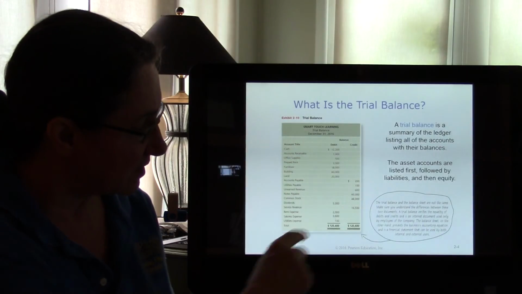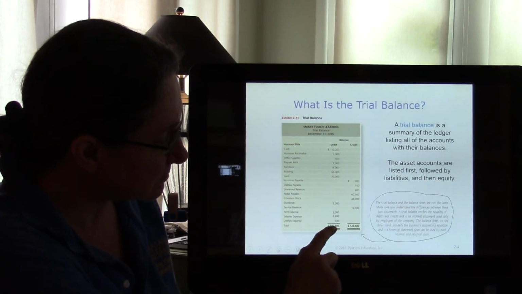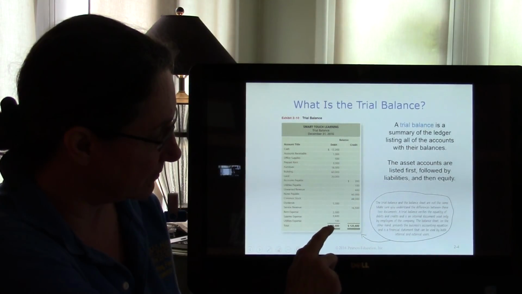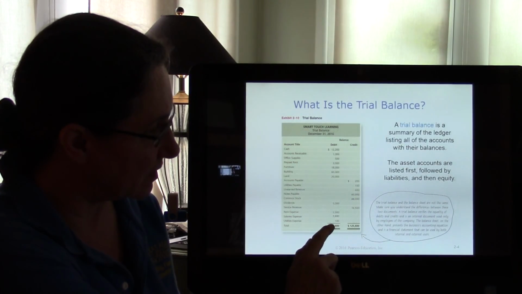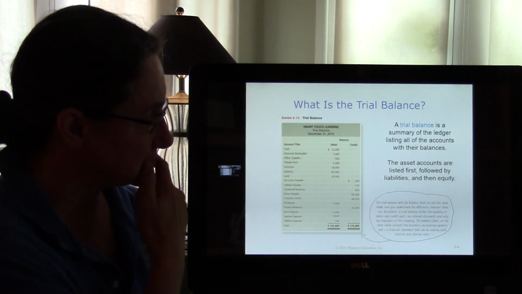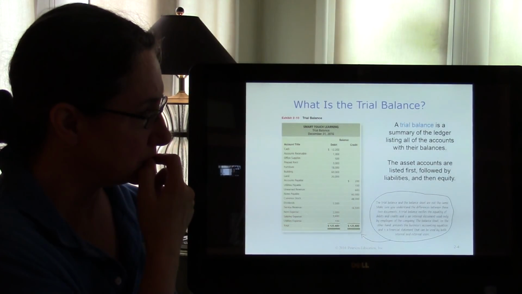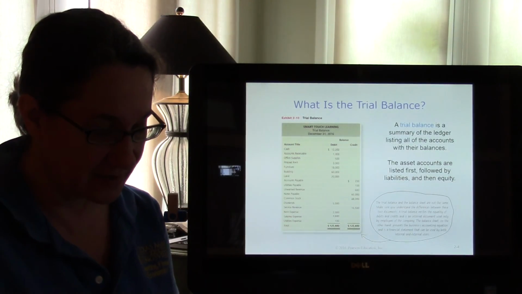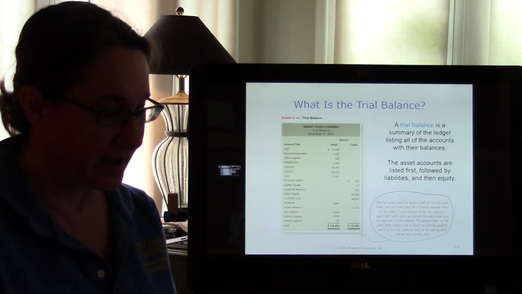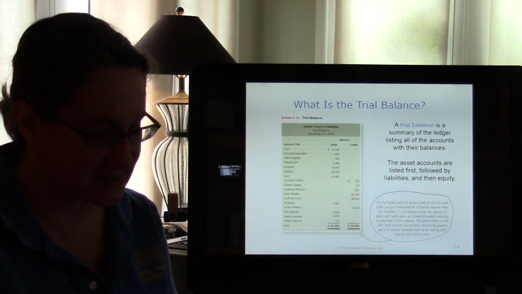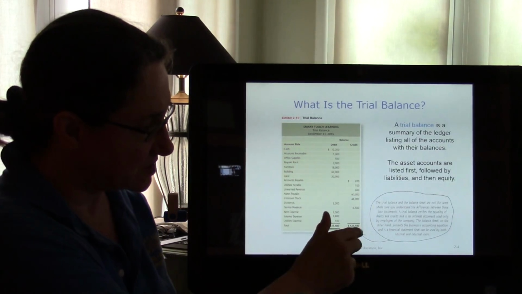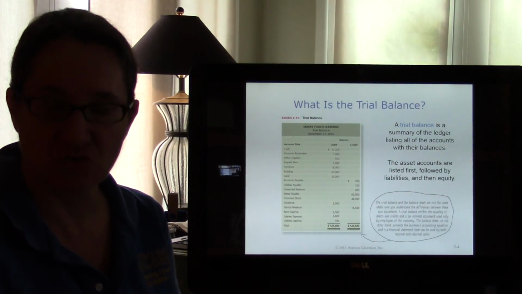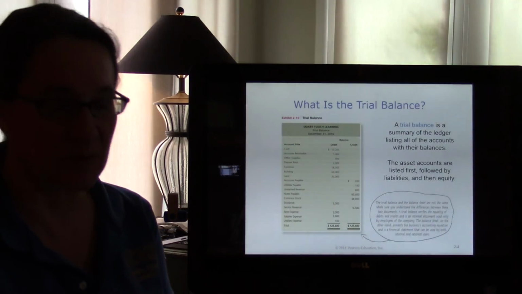So if on this trial balance you had a difference that was divisible by 9, you would go ahead and look for that number. So let's imagine that the difference between these two was $27, right? $27.